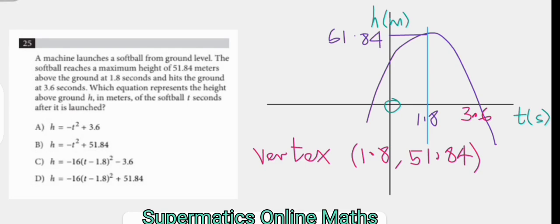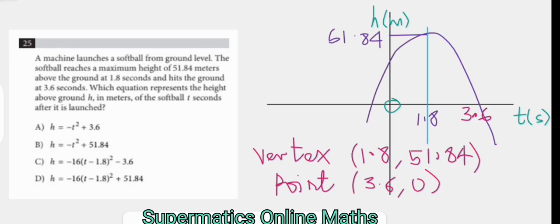Also, we can get one additional point on the curve, and that's the ground level point given to us. This is 3.6 for t and 0 for h, being the ground level.